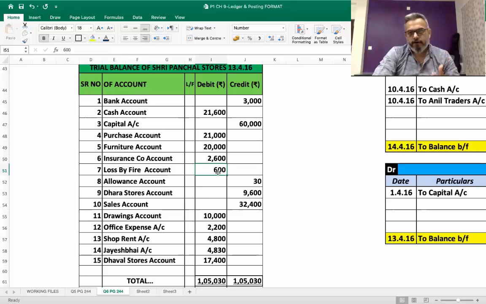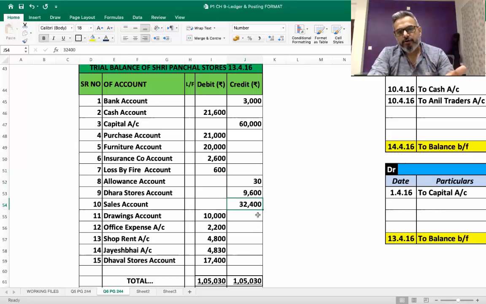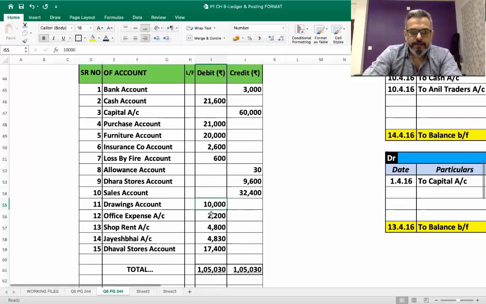We incurred a loss of rupees 600. Discount 30. Dhara stores 9,600, we have to pay. Your allowance is our income. We have incurred total sales of 32,400. Then the owner has withdrawn a total of 10,000. Office expense and shop rent, these two expenses were incurred.